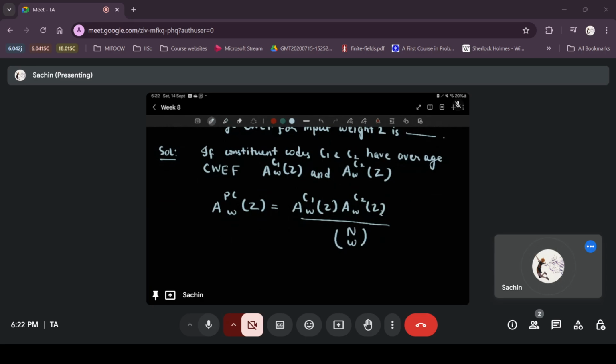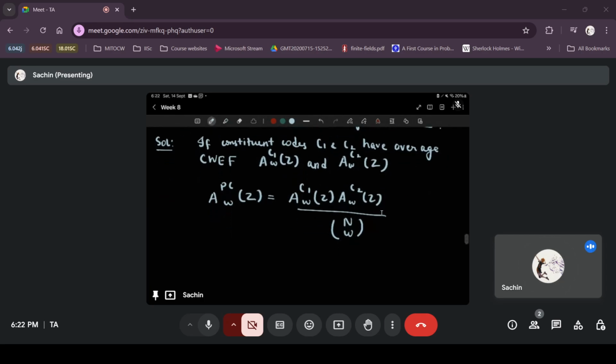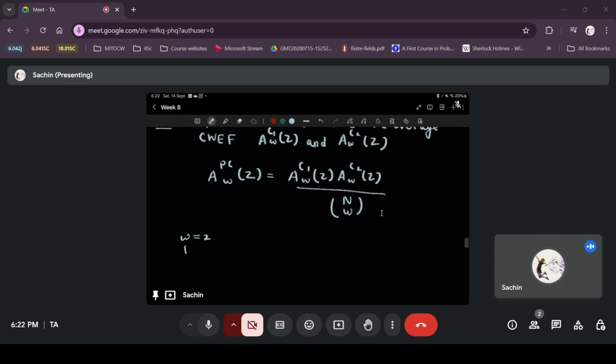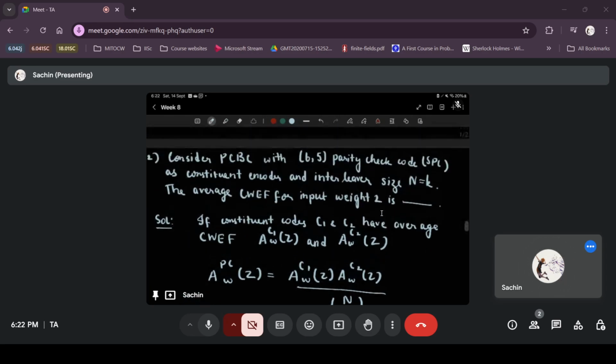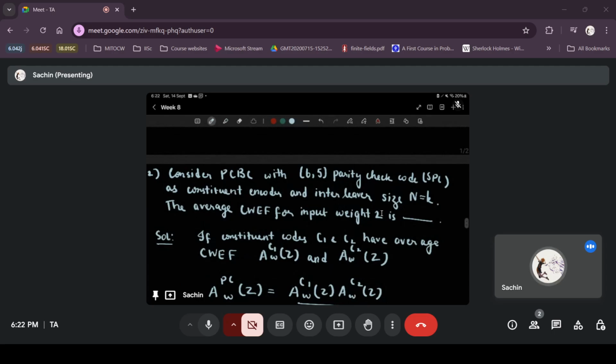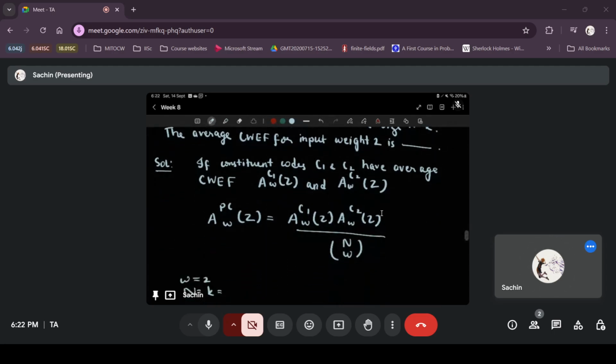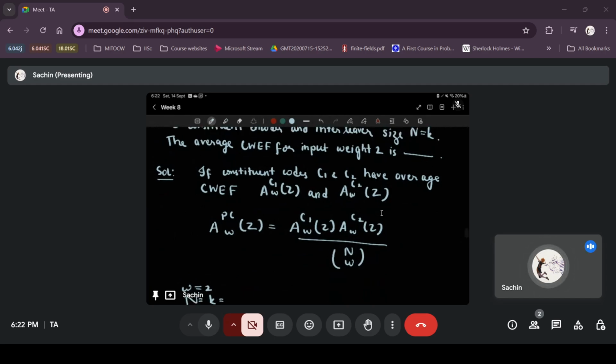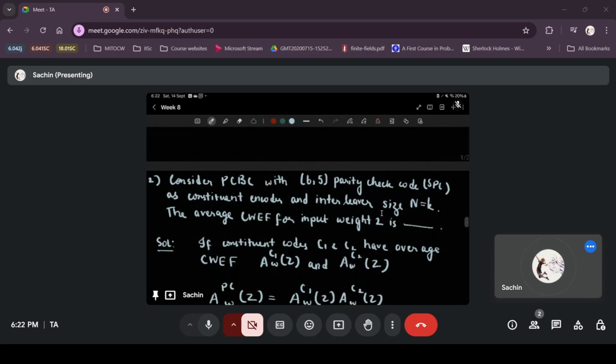So here for this question, for input weight 2, that means w is 2 and N is equal to K. Since we are using a 6,5 parity check code from the previous question, which is an (n,k) code, K is 5 information bits, and code word length n is 6.